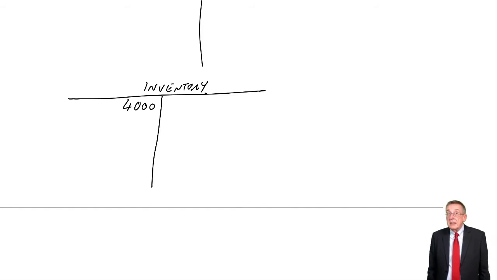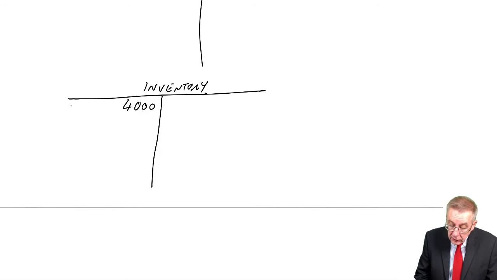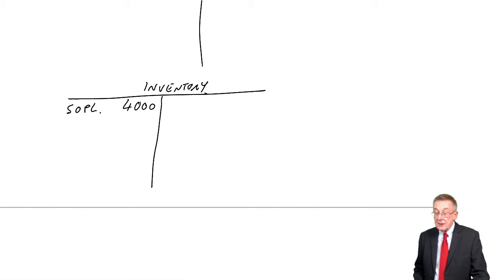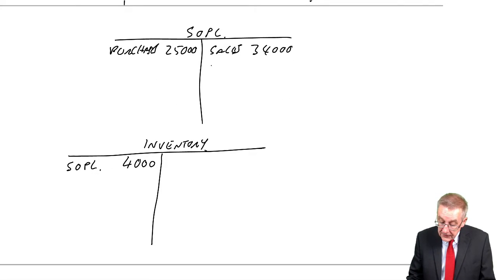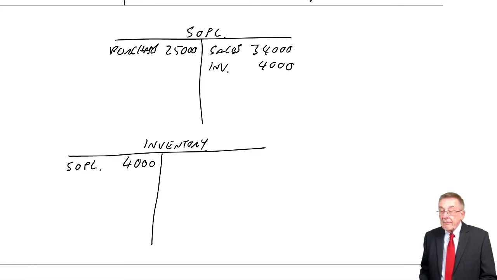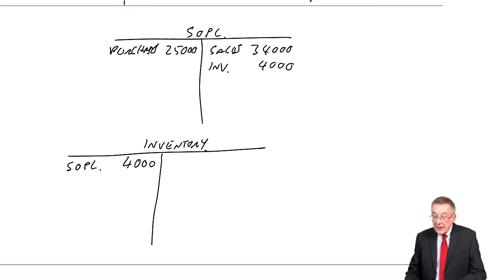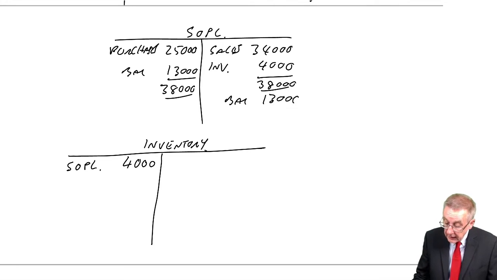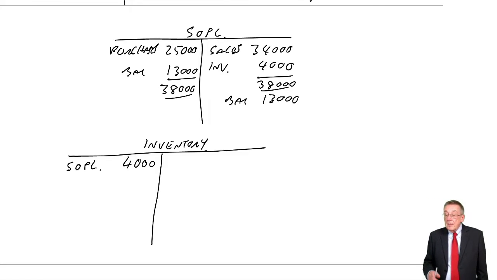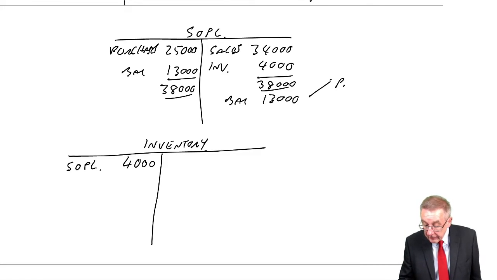We need a double entry. Debit inventory, credit statement of profit or loss. And things now work beautifully, because what balance is left on the statement of profit or loss, which goes to the owner, we'll move to capital, but there is the correct profit.